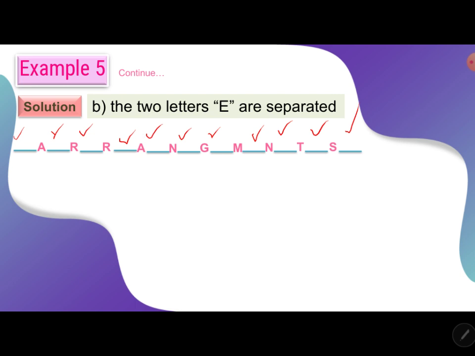So we have 11 places to put the 2 E's. Then arrange the 10 letters without E. Because we have identical letters, we have to divide by the identical: identical A, identical R, and identical N.